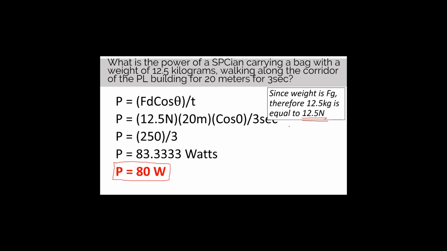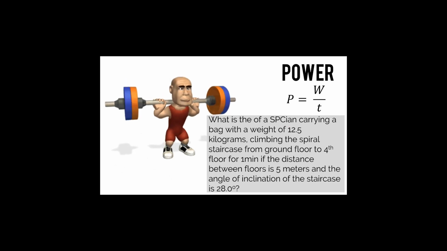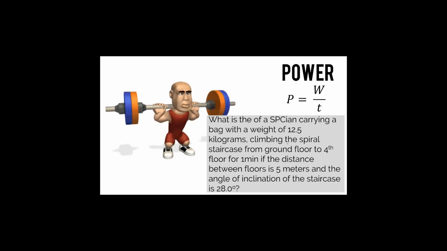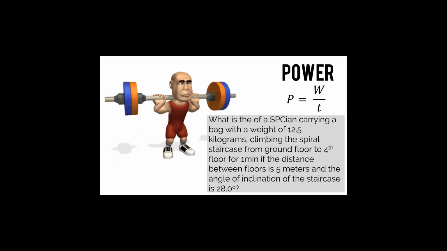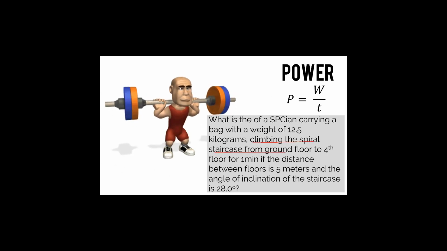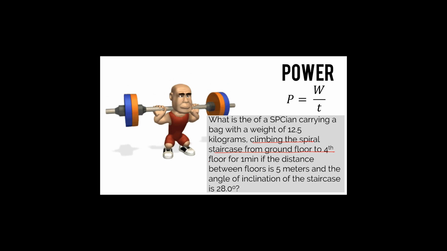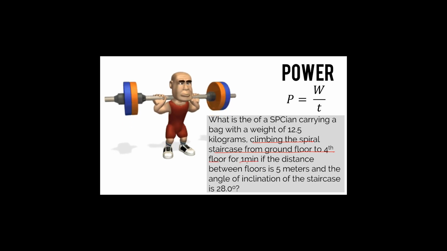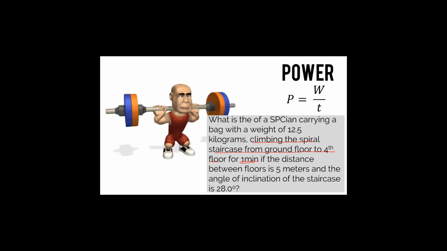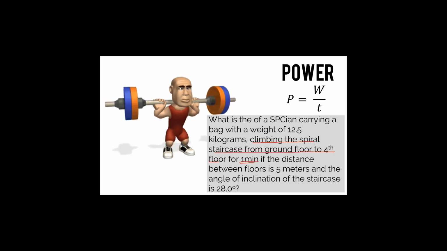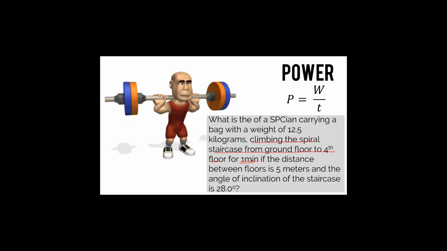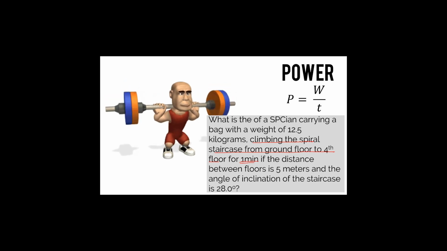Okay, another example: this time the student is climbing the spiral staircase from the ground floor to the fourth floor for about 1 minute. Since the time interval given is in minutes, we need to convert minutes into seconds first.